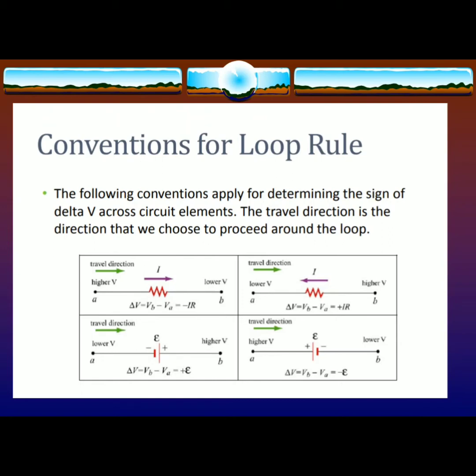In the same direction from higher V to lower V, delta V equals VB minus VA equals minus E, this power supply.